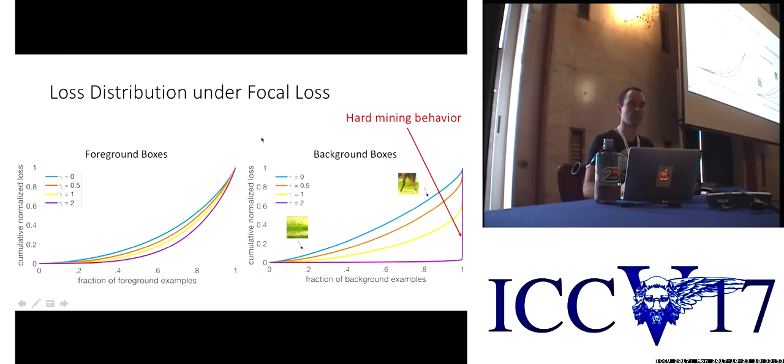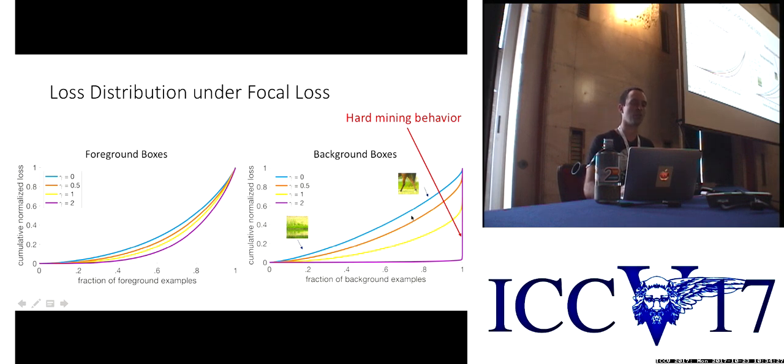And here are some quantitative plots to justify this description of it being a hard mining mechanism. What these plots show is, as a function of the fraction of examples considered, the cumulative loss associated with those examples. You can see from the plot on the left that for foreground boxes, there isn't a huge difference between cross-entropy, the blue curve here, and focal loss with gamma equals 2, the purple curve down here.